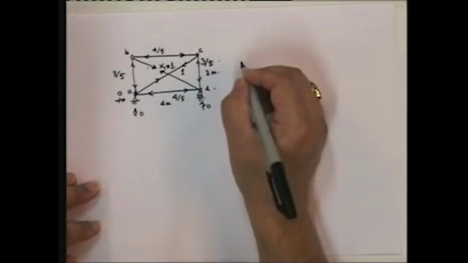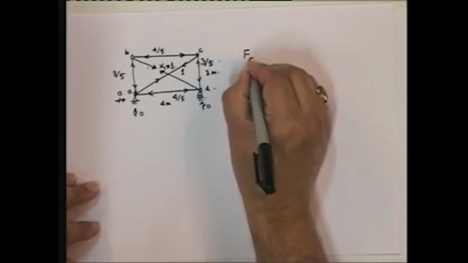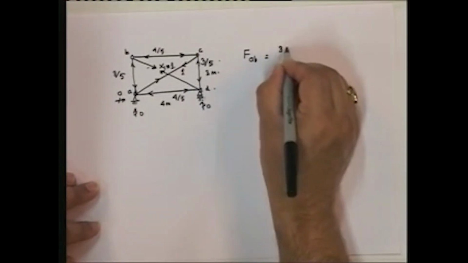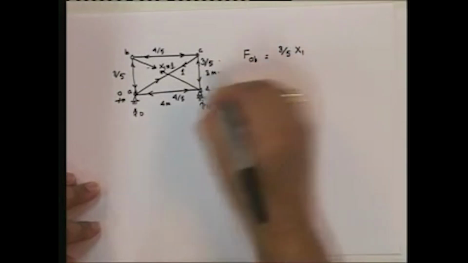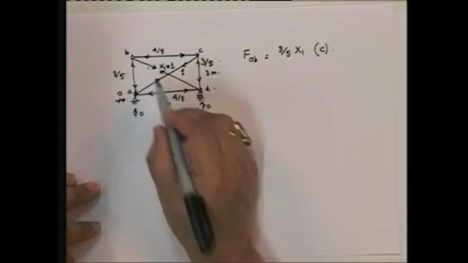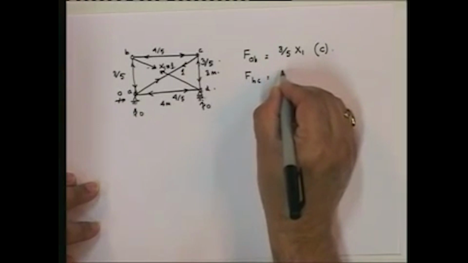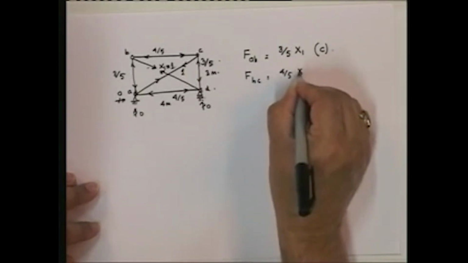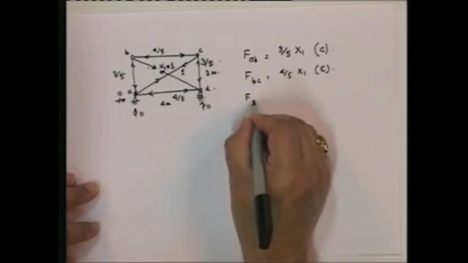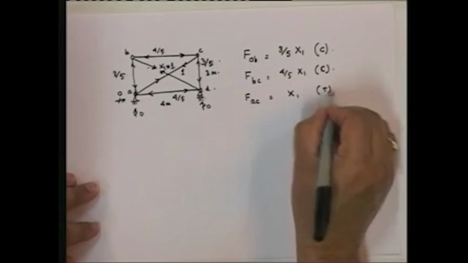I found out the forces in all the members. So let me write them down. So that means force in AB is equal to 3 by 5 x1, because I put x1 equal to 1, and this is compressive, assuming x1 to be tensile. FBC is equal to 4 by 5 x1 compression. FAC is equal to x1 tension.